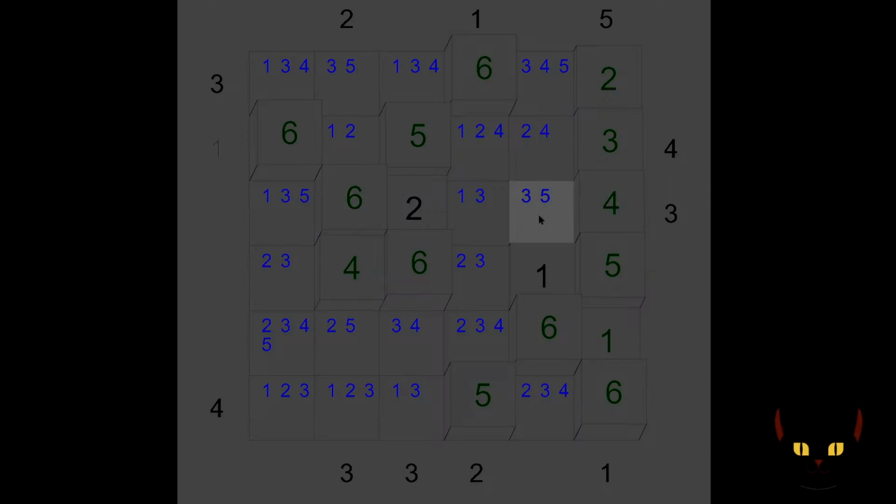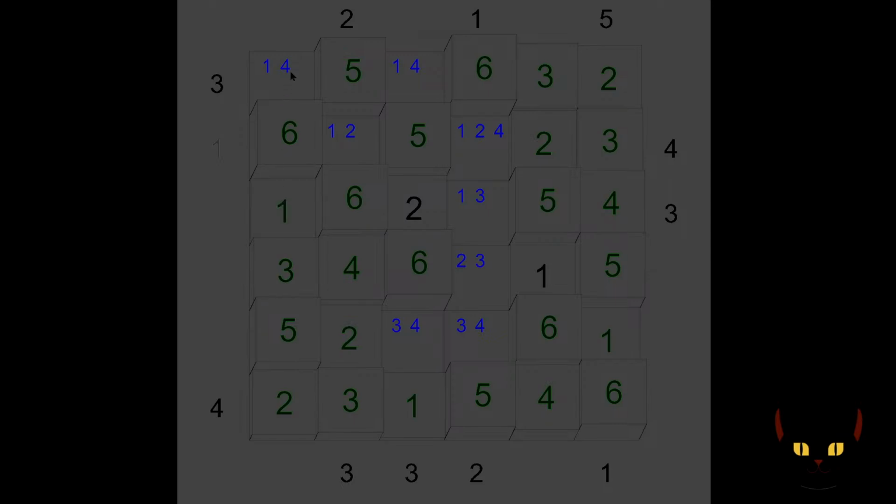Oops, so I need the 5 to go here. So it's not a 5, that is a 5, it's not a 5, it's not a 5, it's a 2, 2, 2. That has to be 3, so that's the 1, so that's the 2, 2, that's the 2, 2, 3, 1.